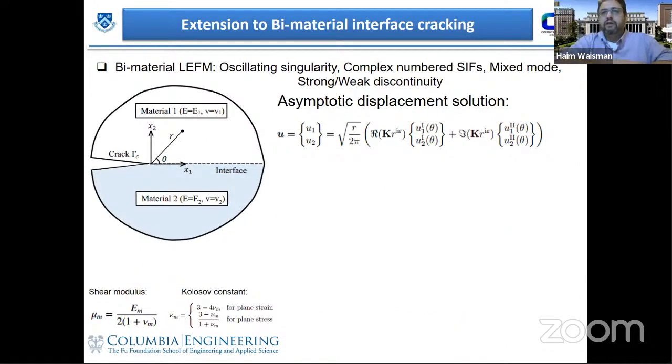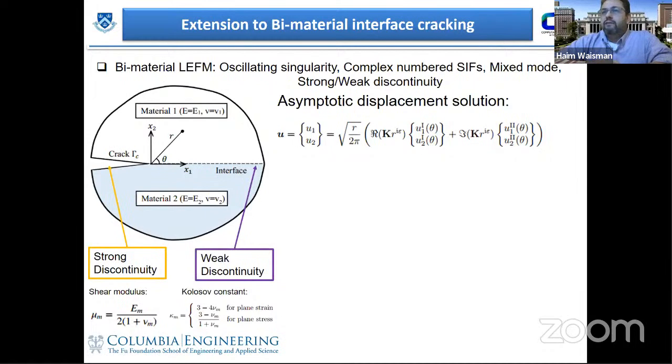Another example where this method is useful is in the case of bimaterial interfaces. If you have an interface, you have two different materials shown here. One of them has, let's say, Young's modulus E1 and Poisson ratio ν1, and the other one E2 and ν2. Then there are several issues that arise in this problem.